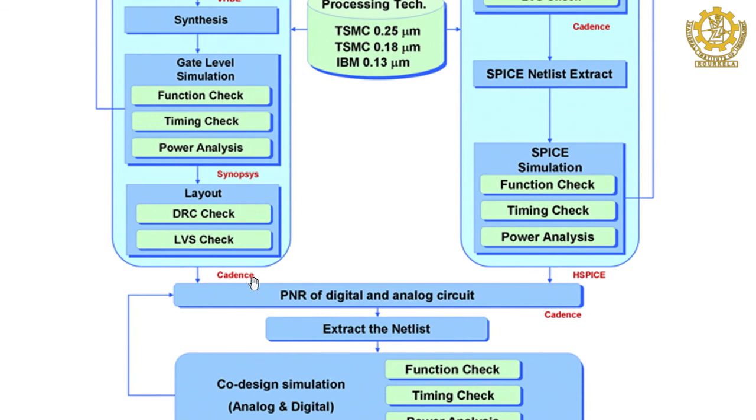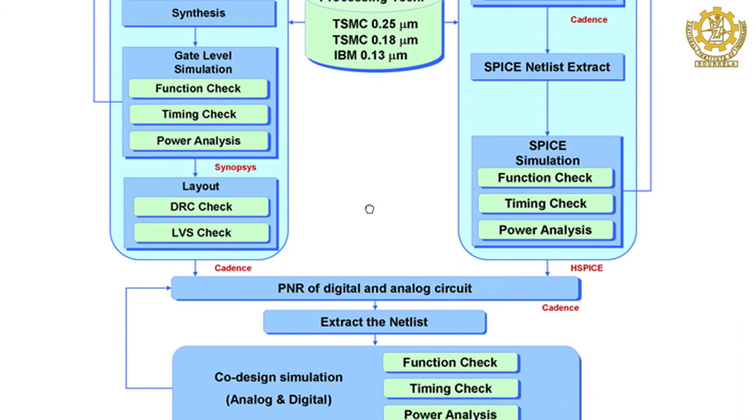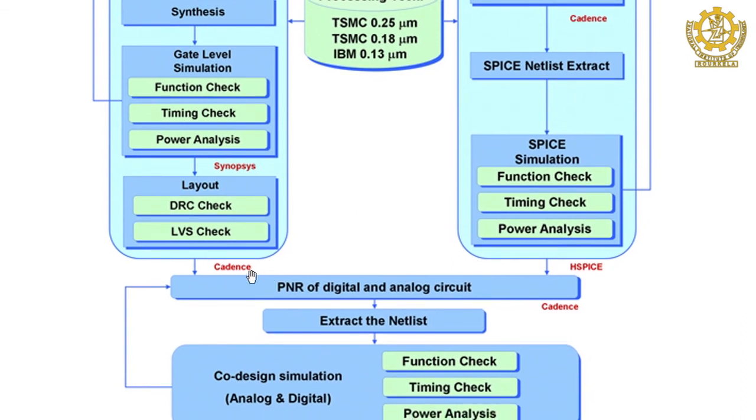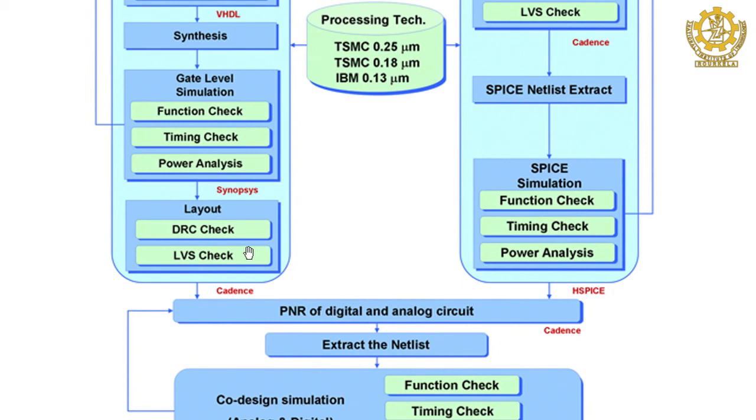For that Cadence is mostly used in industry, also Synopsys, but mostly they opt for Cadence. With the help of those tools, we find the DRC, design rule check. If some layer doesn't pass a rule, they will report a rule violation, then we have to correct it according to the rule given.